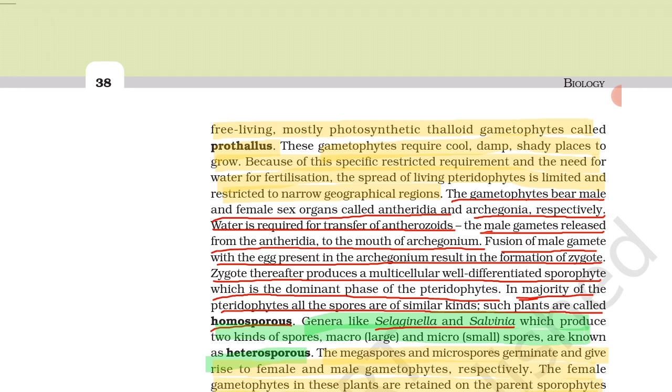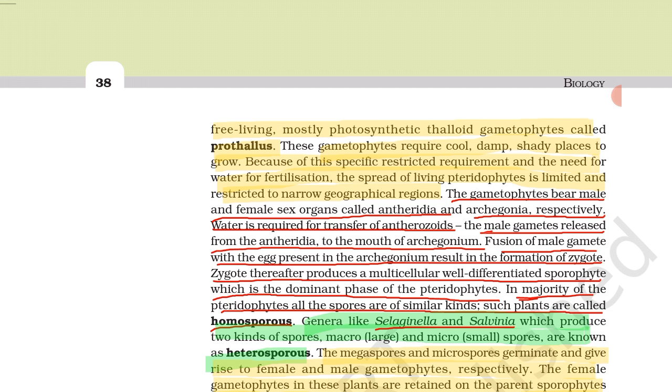Fusion of the male gamete with the egg present in the archegonium results in the formation of a zygote.